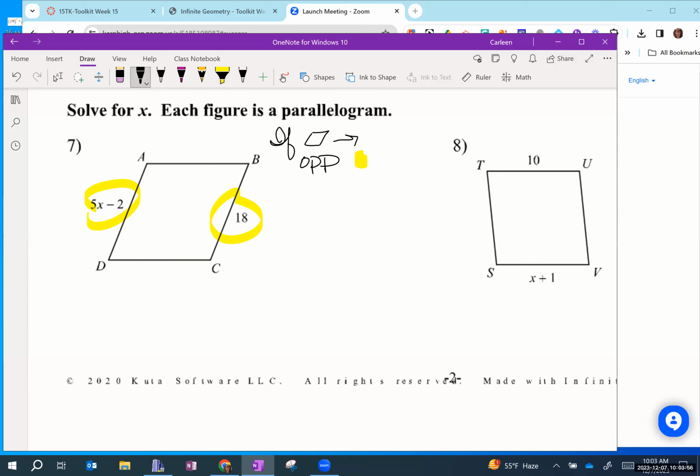Opposite sides are congruent. So 5x minus 2 is equal to 18. Isolate your variable, add 2 to both sides. 5x is equal to 20. Divide by 5. X is equal to 4.